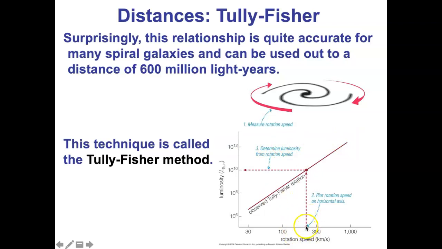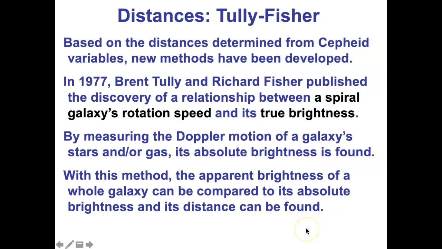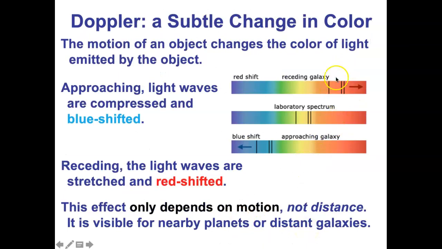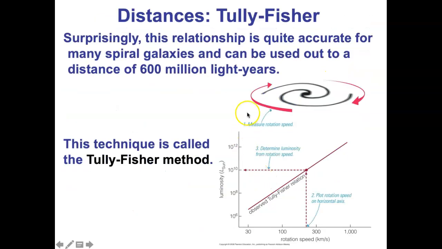This is something you can measure. Use that Doppler method: look at the stars orbiting away from us, look at the stars orbiting toward us. And you say, well, if this spiral galaxy is spinning this fast, then it must be this luminosity.